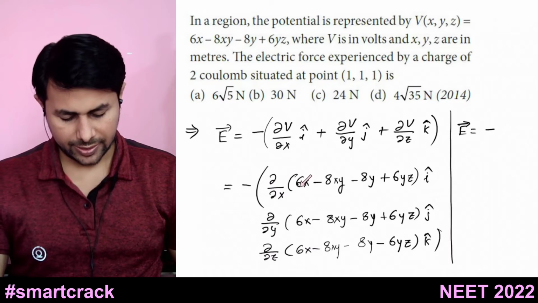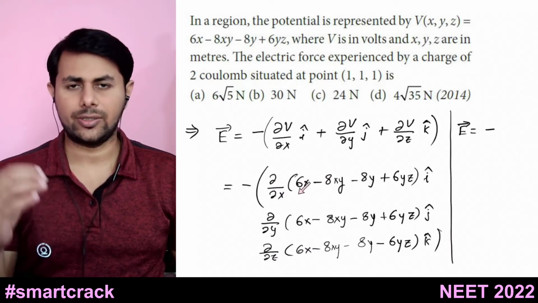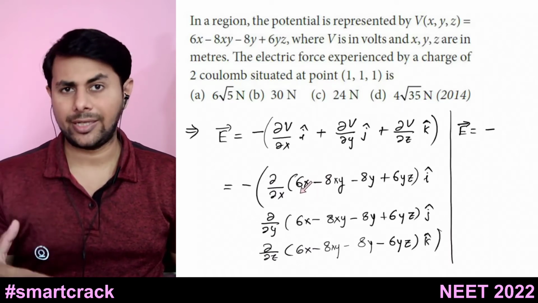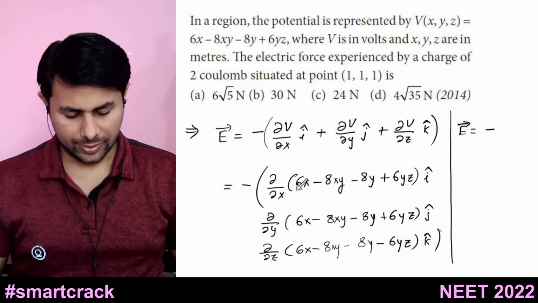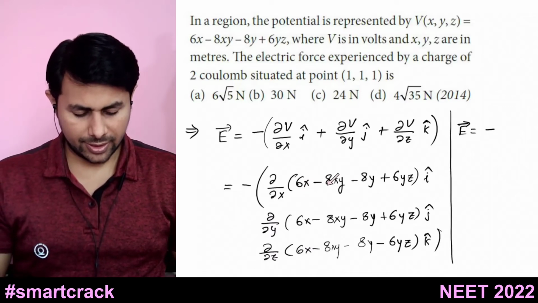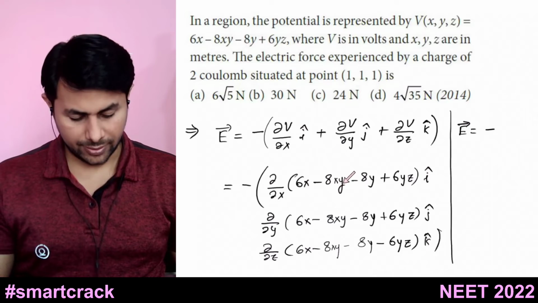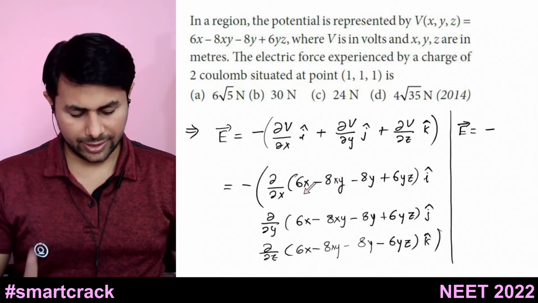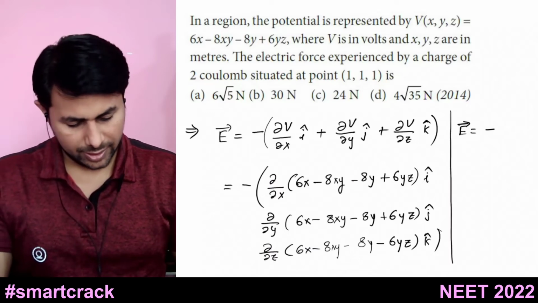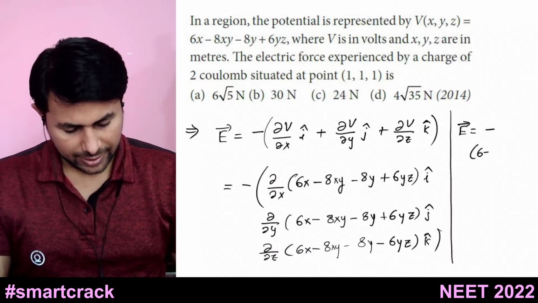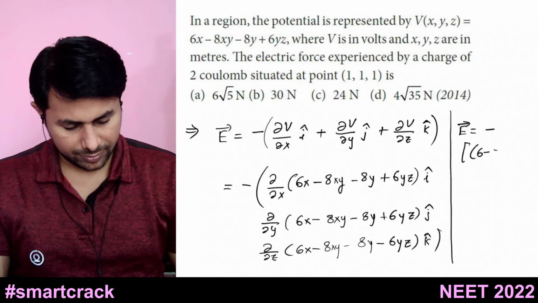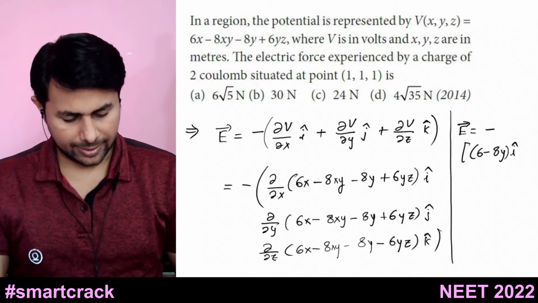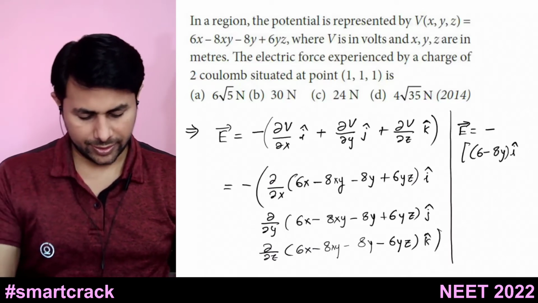So it is 6, and derivative of x with respect to x is 1. Then 8y you can take out, and derivative of x with respect to x is 1. So 6 minus 8y into i cap. We found the x component.